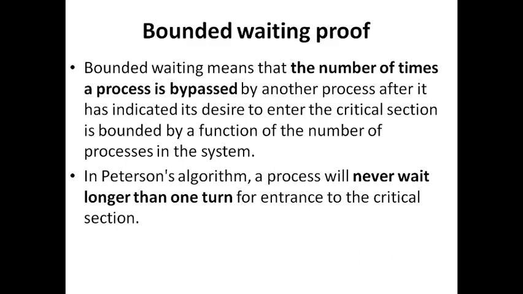Next one is bounded waiting time. Bounded waiting time means that if one process enters the critical section and the other process is waiting for the critical section, as soon as the first process comes out of it, the second process gets a turn. If a process never gets a turn, it will result in starvation. And Peterson's algorithm is never going to result in starvation because it is only dealing with two processes at a time.